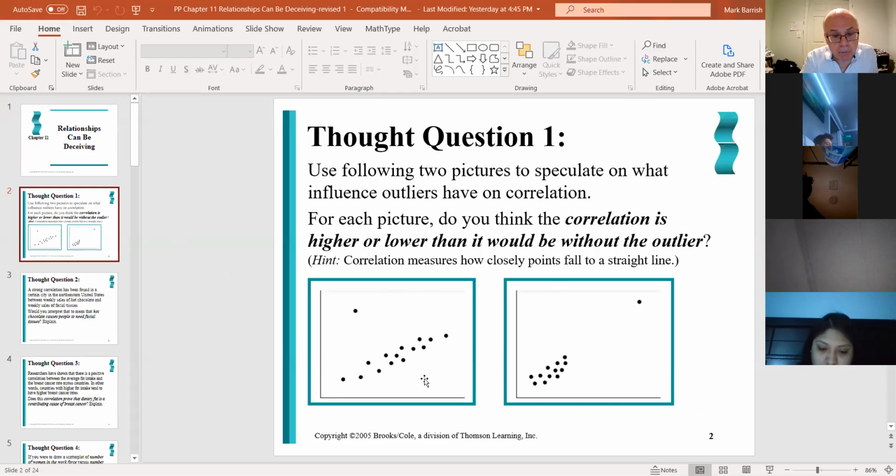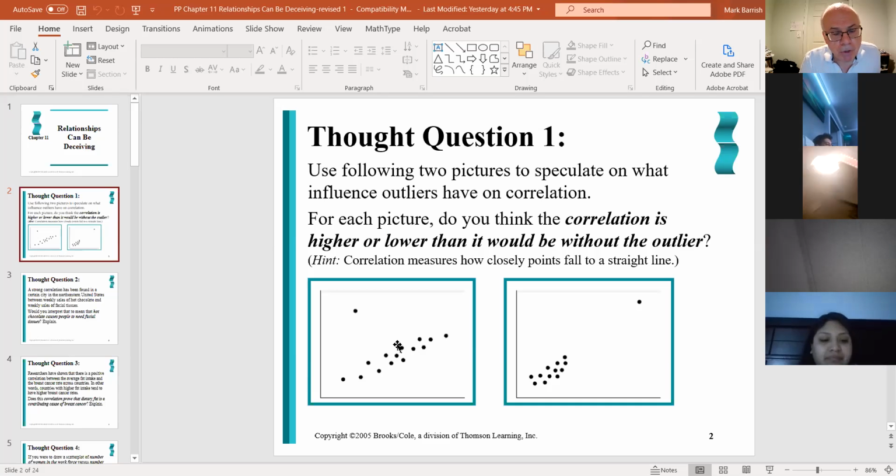Now, for the correlation, look at the first picture here. Remember, correlation measures the strength and direction, right? Strength and direction. And here is an outlier over here, one up here, right? Now the rest of the dots are pretty close to each other.